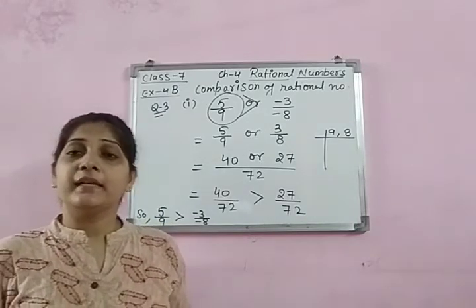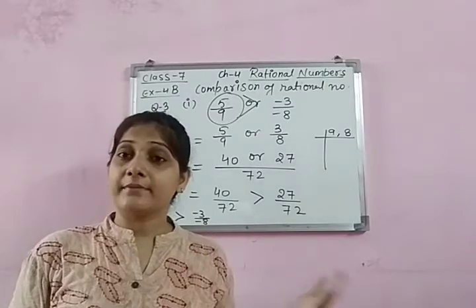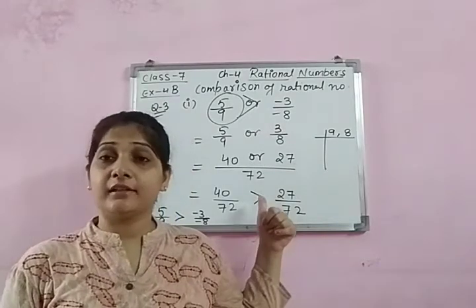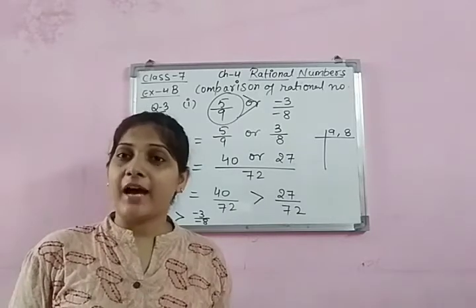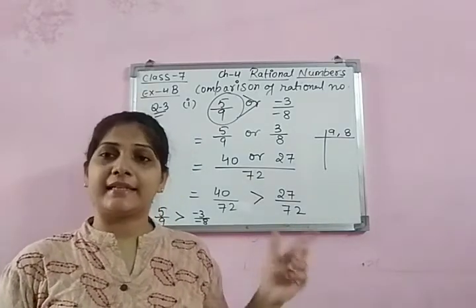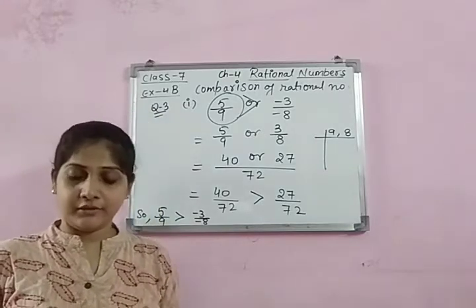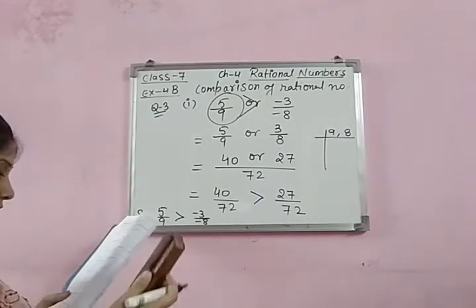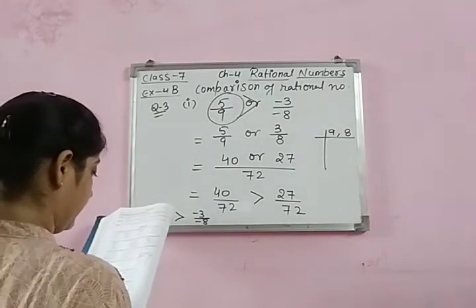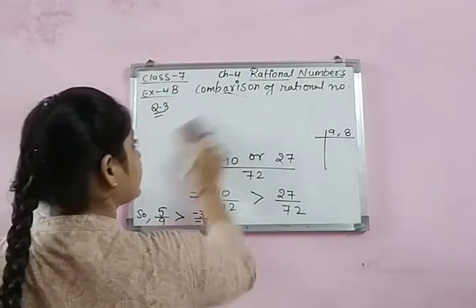So I hope it's clear: when both have the same sign, like here both are positive, and even the denominators are not same, you have to make the denominators same by taking the LCM and then compare. Let's do one more question from here. So I think I have to tell you the last one of this, the sixth part.